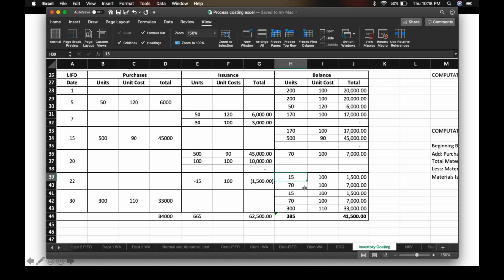So we have now two kinds of inventory, 15 at 100 and 70 at 100. Okay. And then purchase of 300, we already have 385 units. Yung 15 at 100, 70 at 100, and 300 at 110.